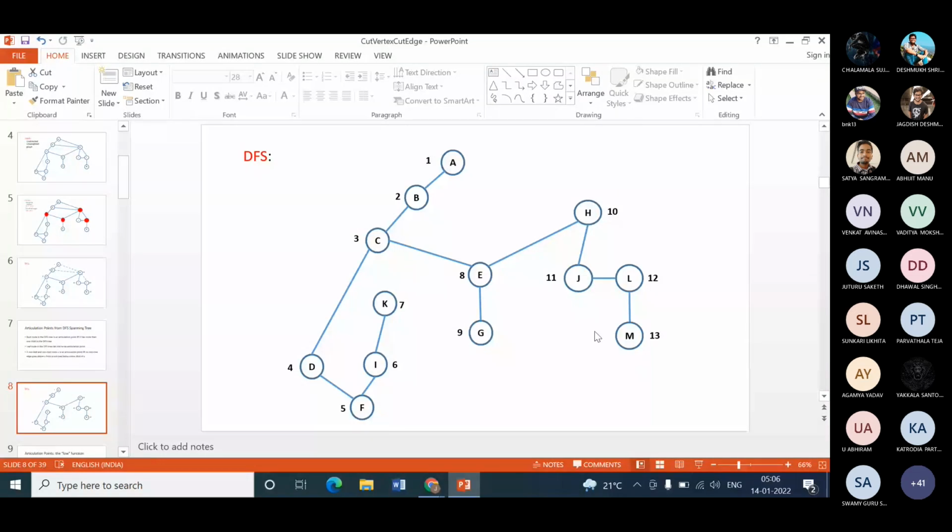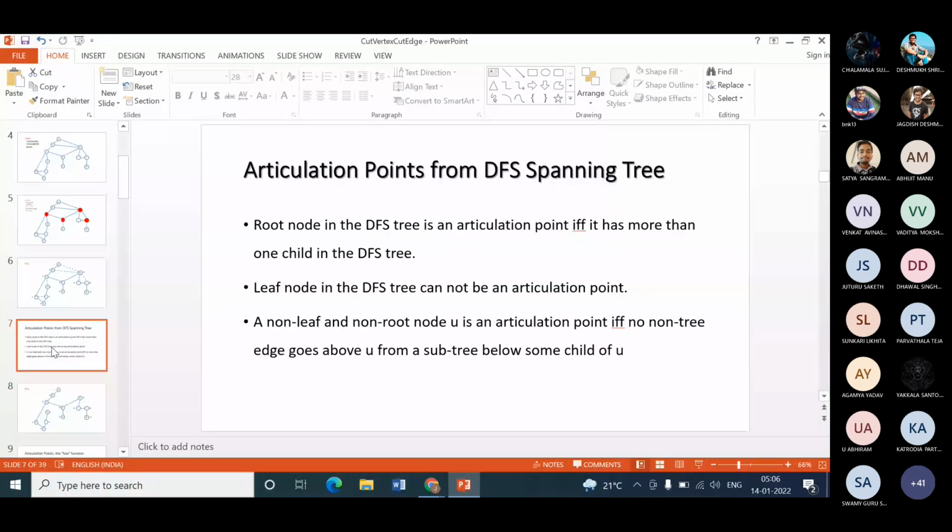And the third observation he has made is about a non-leaf and non-root node. He talks about the root node first, then the leaf nodes. Except root and leaf nodes, a non-leaf and non-root node U is an articulation point, a cut vertex, if and only if no back edge goes above U from a subtree below some child of U. Okay.